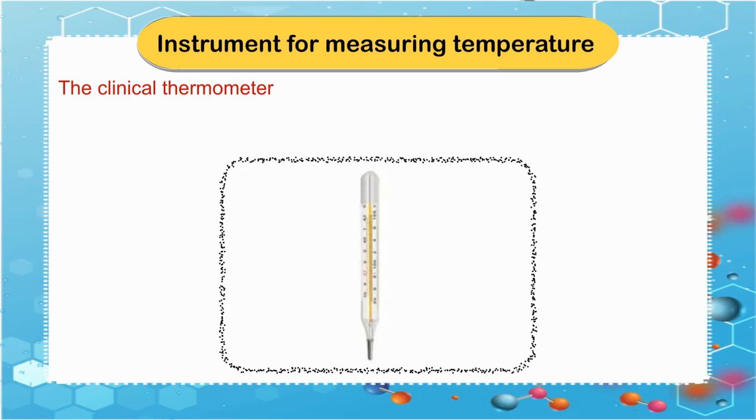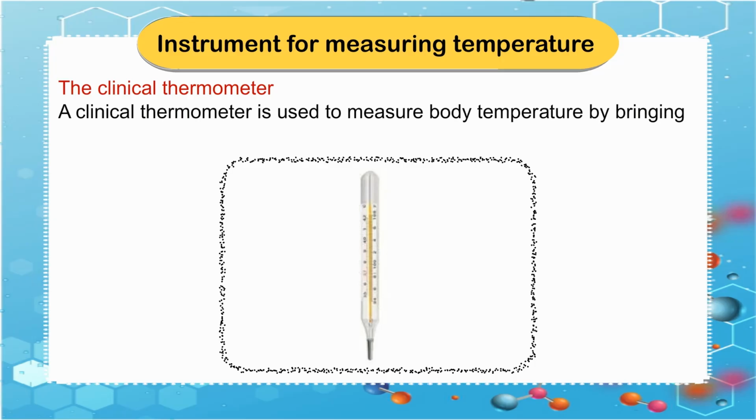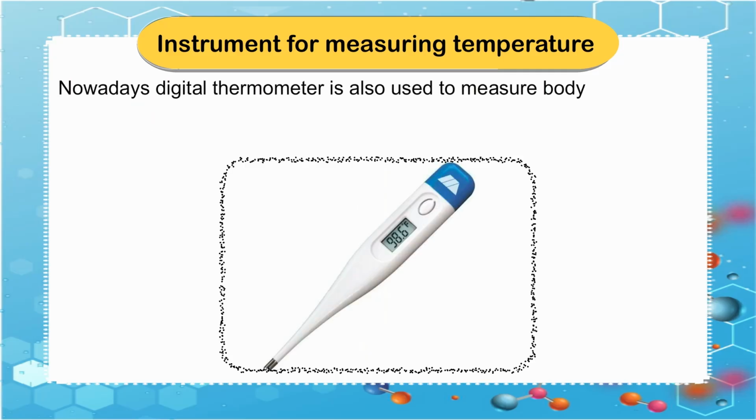The clinical thermometer. A clinical thermometer is used to measure body temperature by bringing its bulb in contact with the body. Nowadays, a digital thermometer is also used to measure body temperature.